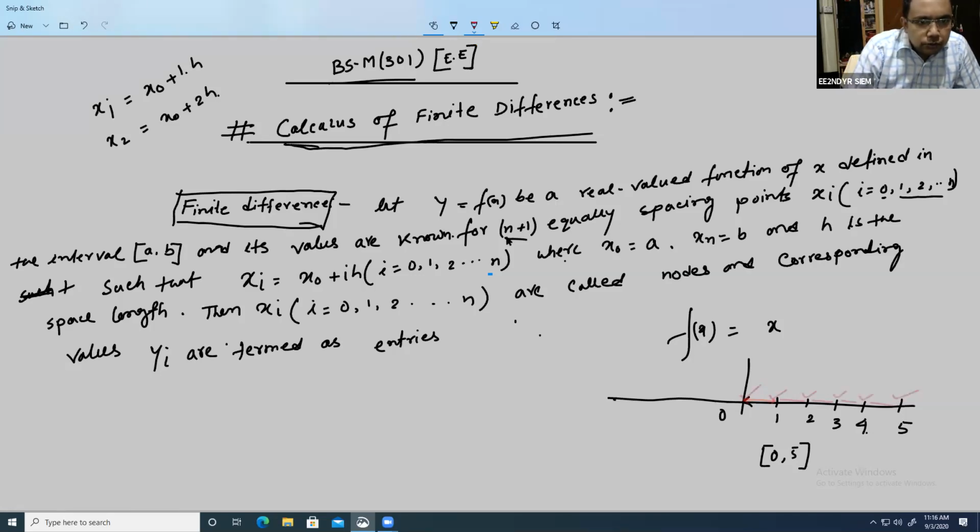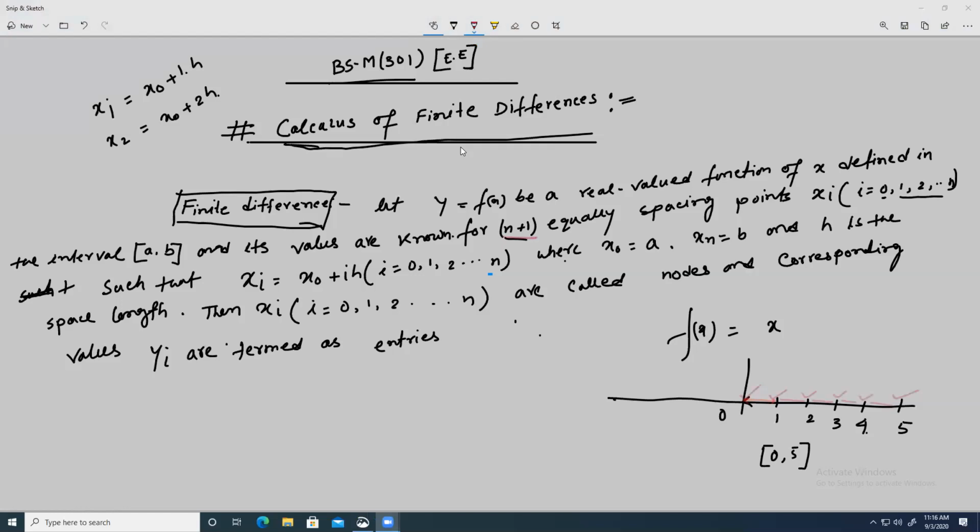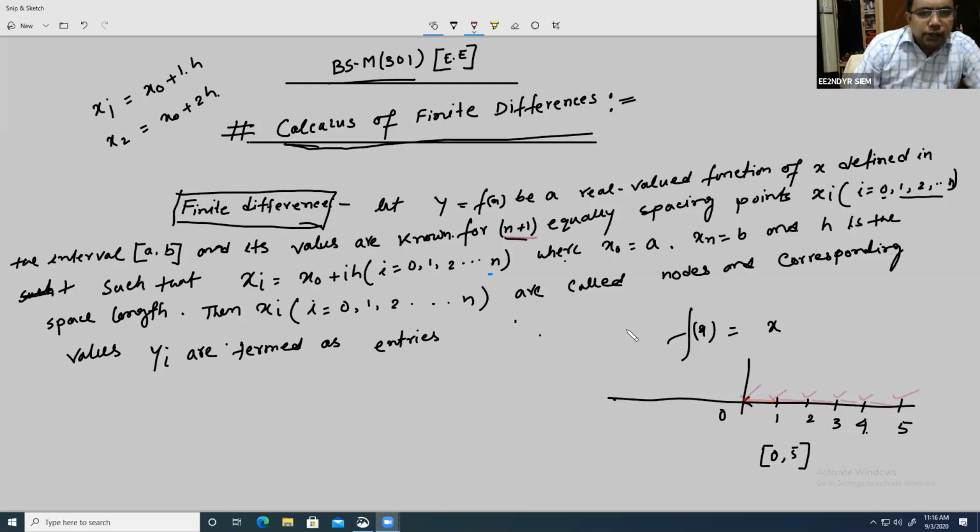So this is true. N plus 1 equally spacing points.